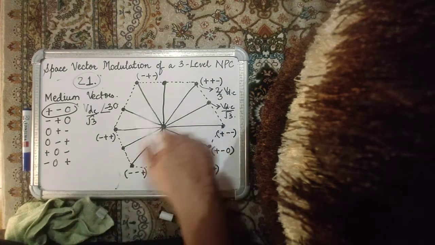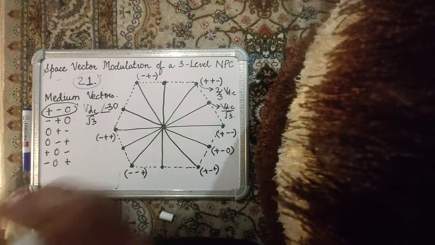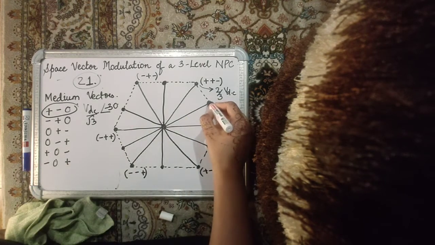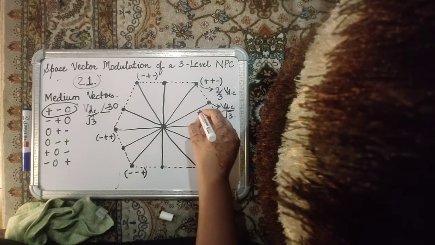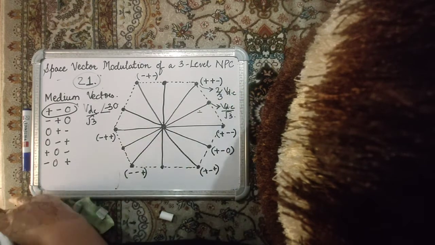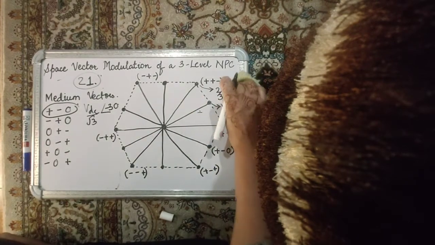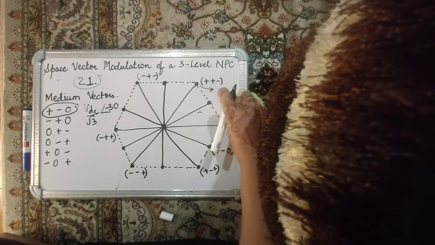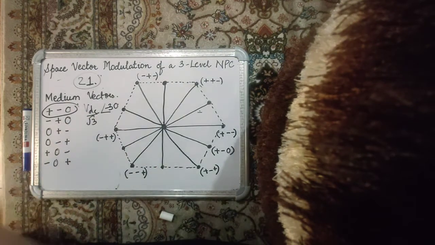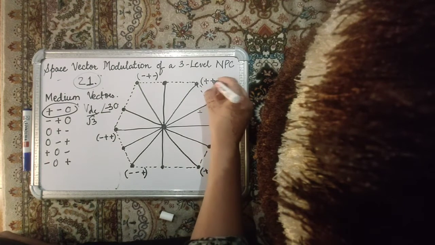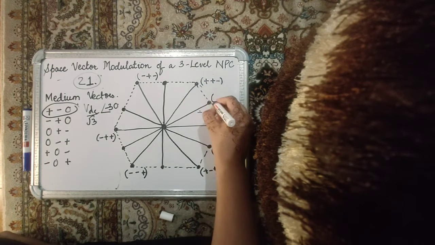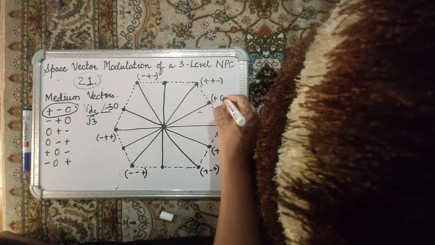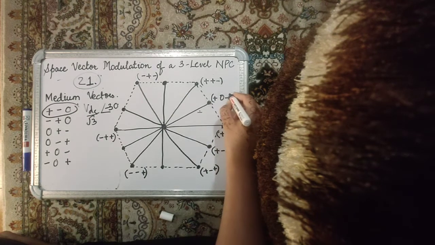We can also label, you can find for all these switching states the corresponding space vector, and then mark it on the space vector diagram. For instance, this one over here is plus 0 minus. I'll rub it because I don't have space. This one over here is plus 0 minus.